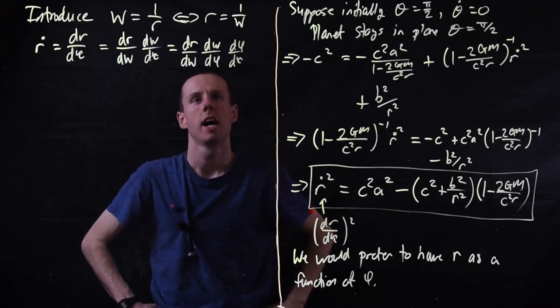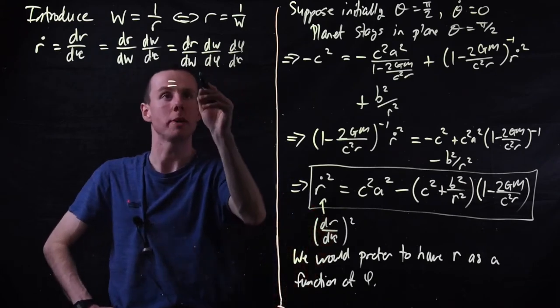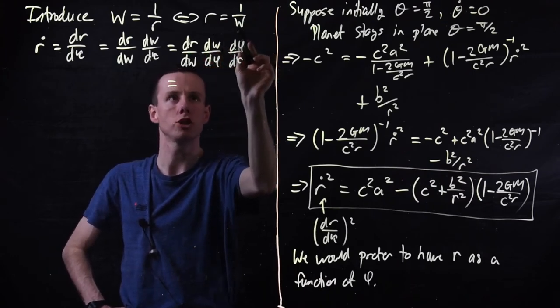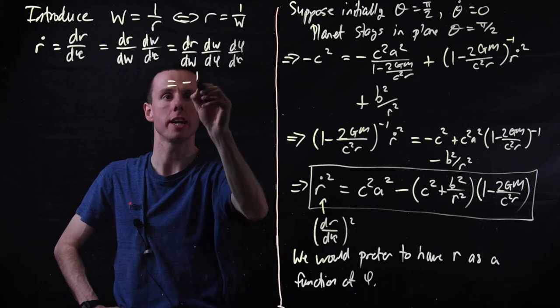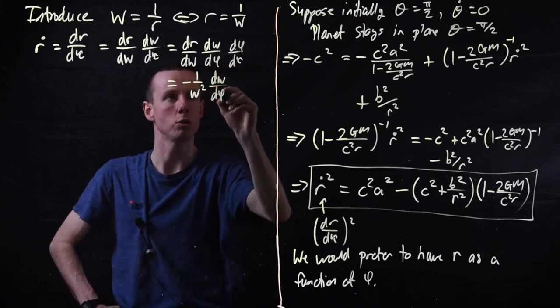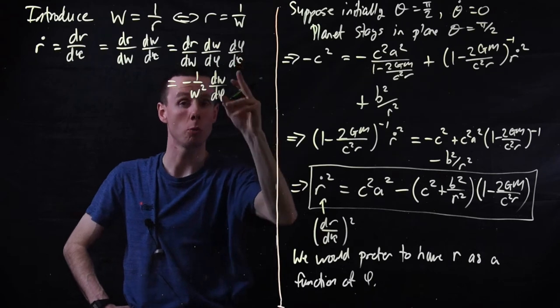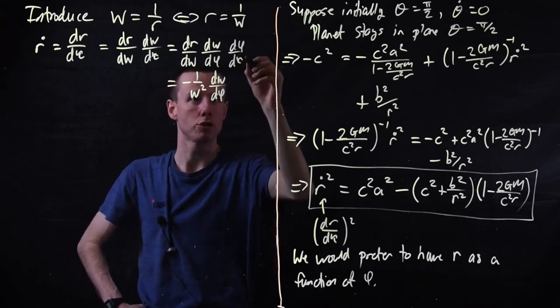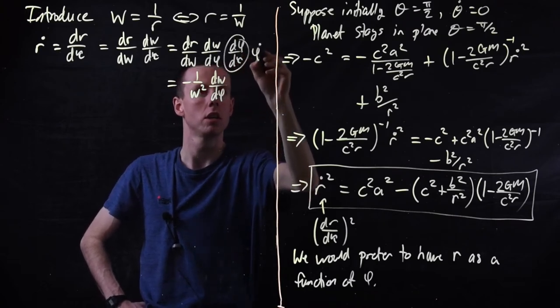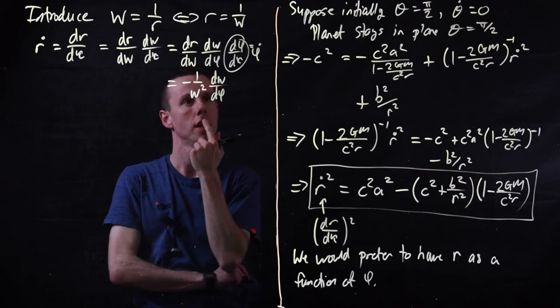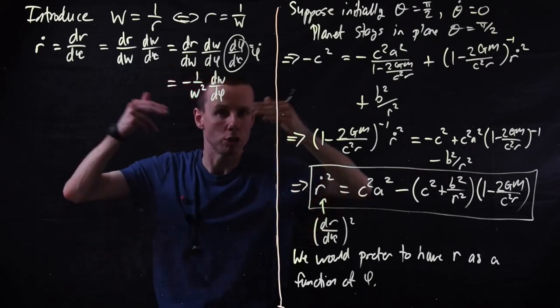Okay, and actually we know what some of these pieces are. dr by dw you can get from here. r is 1 over w, so dr dw is minus 1 over w squared. And then dw d phi we don't know yet, but d phi by d tau we know, although unfortunately I've rubbed it out. That's just phi dot, and that came from the geodesic equation for phi.